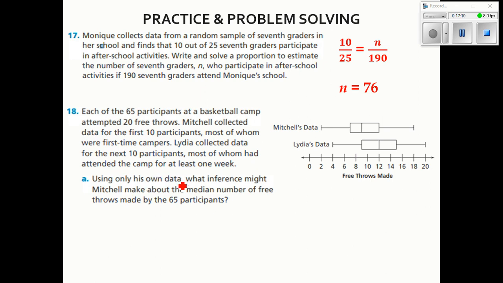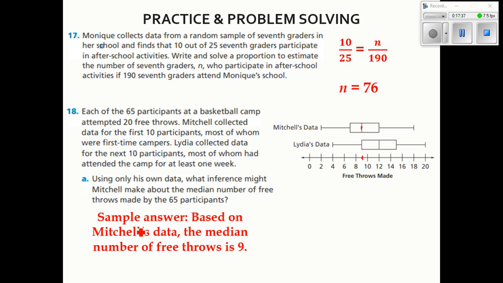Using only his own data, what inferences might Mitchell make about the median number of free throws made by the 65 participants? Remember, we're only using Mitchell's data, and we're talking about the median number. Well, the median number is the one in the middle, and that's going to be about 9. So I would say, based on Mitchell's data, the median number of free throws is 9.